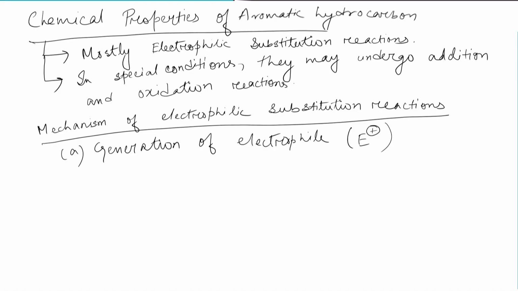That is why we represent electrophiles with a positive charge. Similarly, there are nucleophiles which are attracted to electron deficient species because they themselves have a electron rich nature. Okay. So, they are represented by negative charge. So, here we will discuss about electrophiles. So, the first step is generation of electrophile.